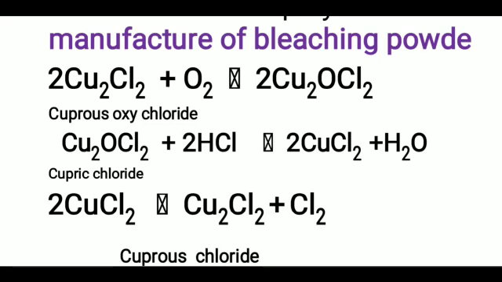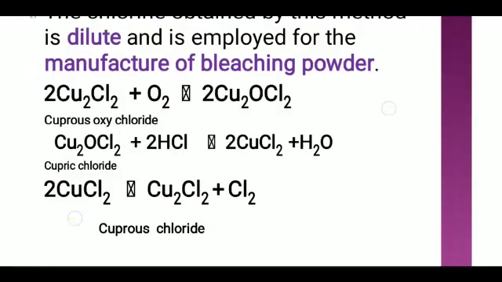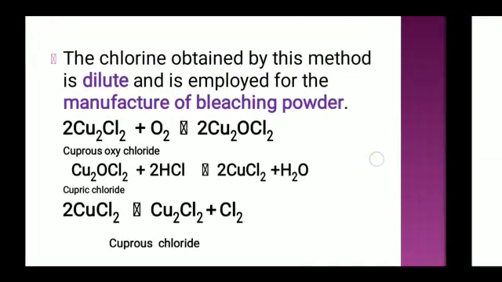Then 2CuCl2 gives us Cu2Cl2 plus Cl2. By these three reactions we can conclude that cuprous chloride acts as a catalyst, because it is involved in the first reaction and we get it back in the last reaction. So Cu2Cl2, that is cuprous chloride, acts as a catalyst.